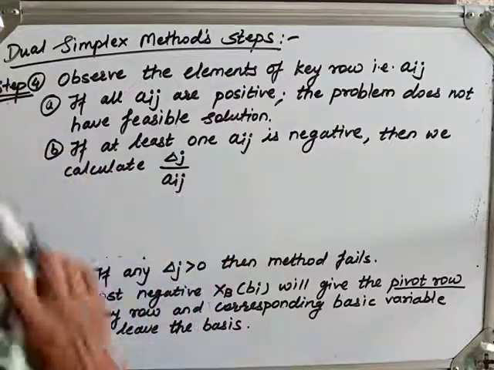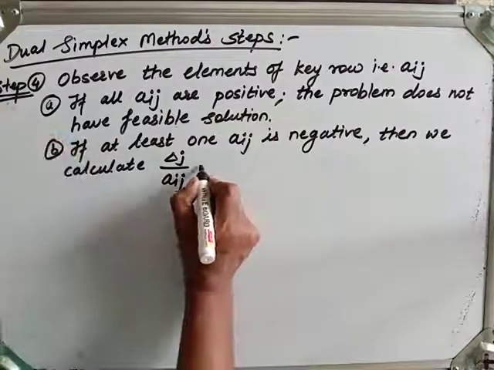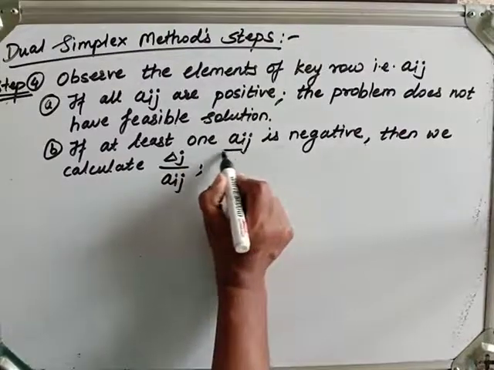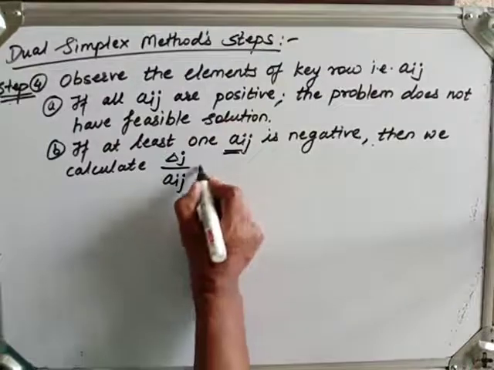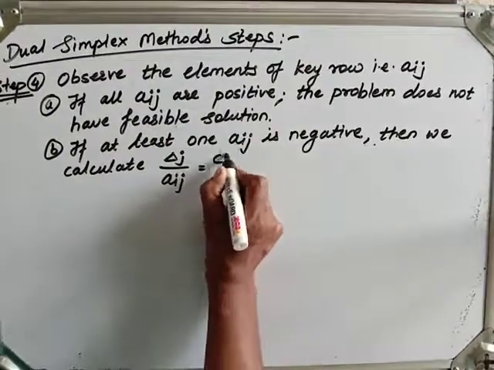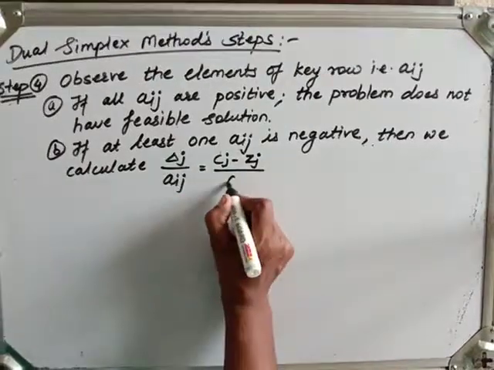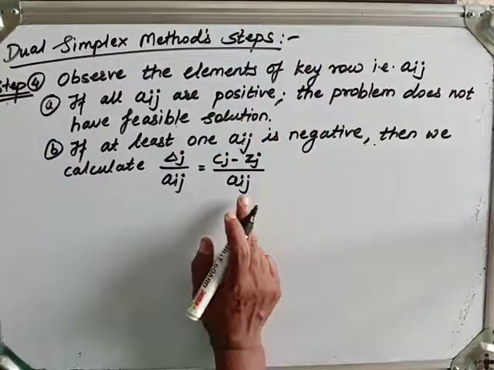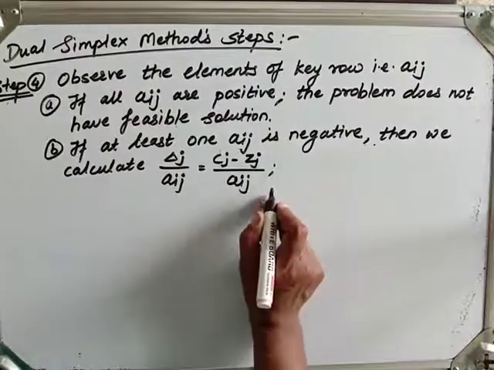This gives a ratio. For those Aij which are negative, we calculate it this way. What is del j here? Del j is Cj minus Zj. We had already calculated them. Upon Aij, the corresponding entry of that row. So this will give us the ratio.